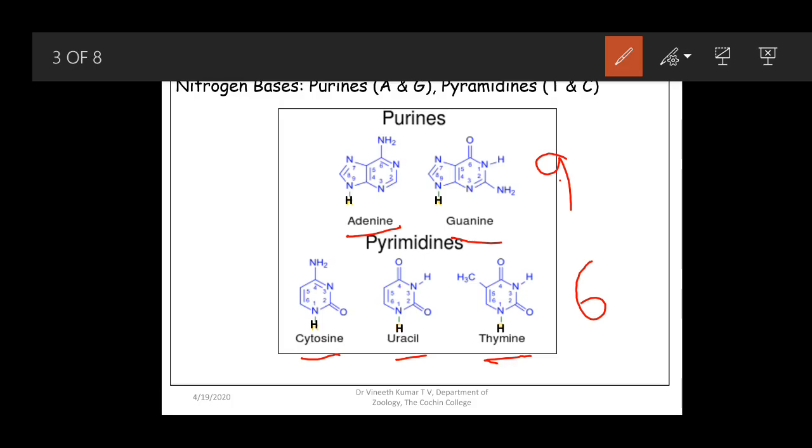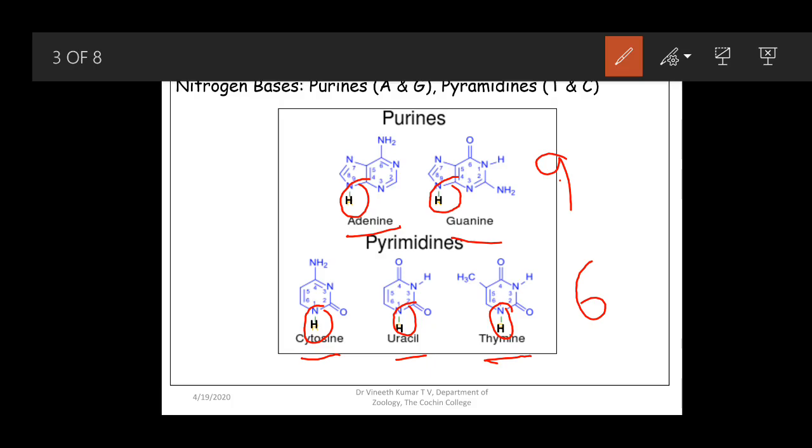So the particular place at which the bonding between the ribose and the nitrogen base happens is, as you can see here, in the case of purines, N9 of the purine that bonds with the 1' hydroxyl group of the ribose sugar, and N1 of the pyrimidines bonds with the 1' hydroxyl group of the ribose sugar.